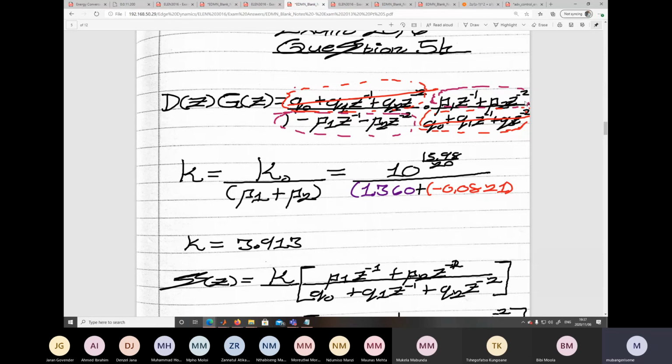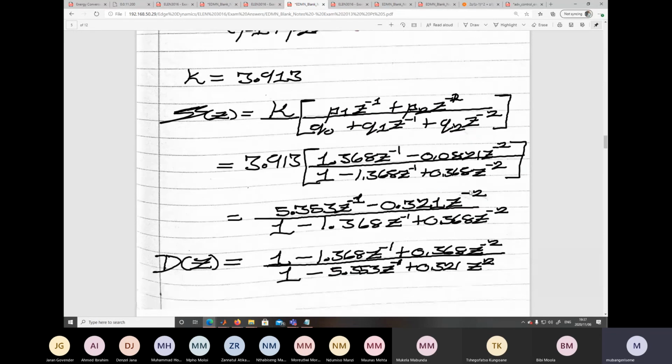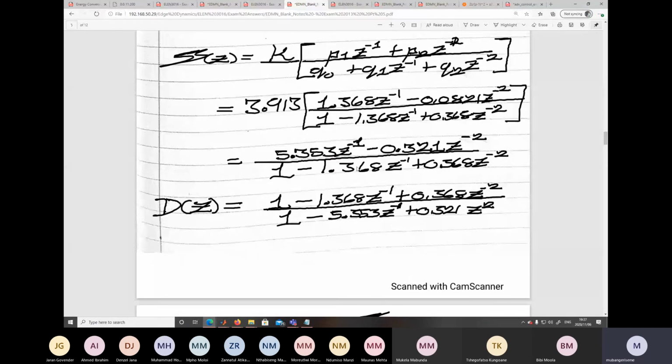Now, the poles here need to be cancelled out by the zeros of this guy, and then it's 1 minus this, such that when I multiply this by that over here, this would cancel with that, and I'll just be left with this here over that there. Is that correct?